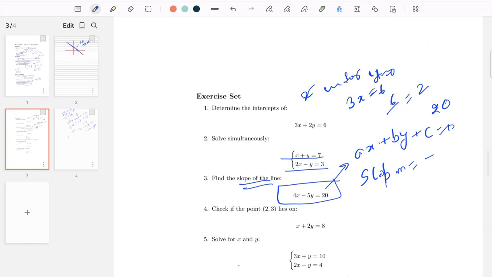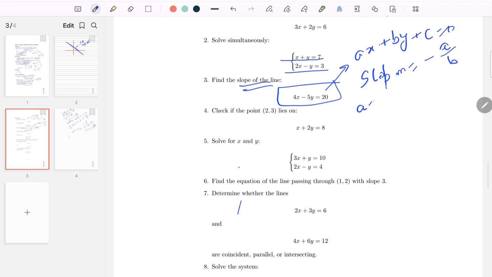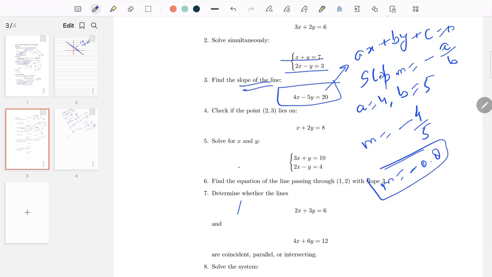So here a equal to 4, b equal to 5. So slope m equal to minus 4 by 5, or near about minus 0.8. Okay, m equal to this.